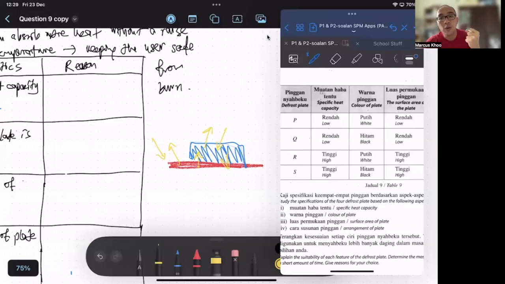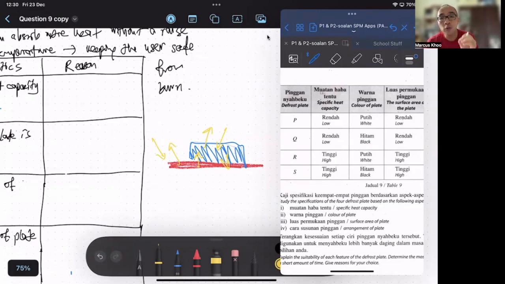So we find that there's heat being absorbed by the plate from the air, and heat being absorbed by the meat from the air and from the plate. Okay, so what we don't want to happen is for the plate to cool down faster.